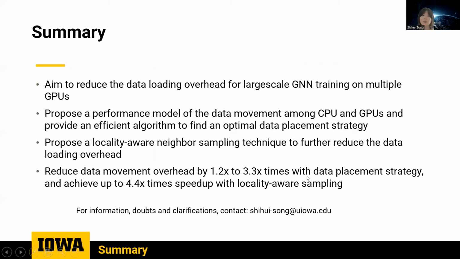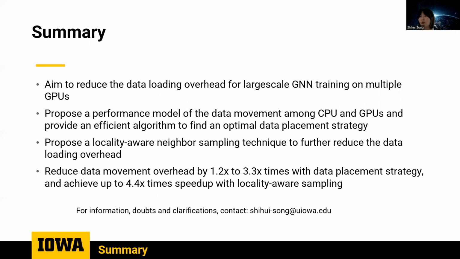So finally, to summarize our work, we first aim to reduce the data loading overhead for large-scale GNN training on multiple GPUs. Based on our observation, we propose a performance model of data movement among CPU and GPUs, and then provide an efficient algorithm to find an optimal data placement strategy.